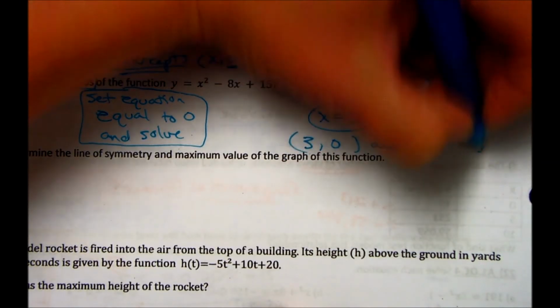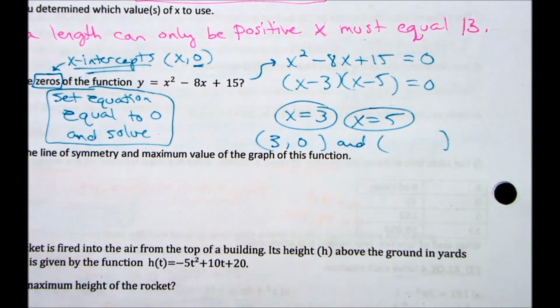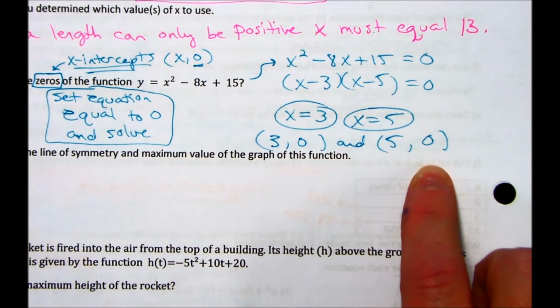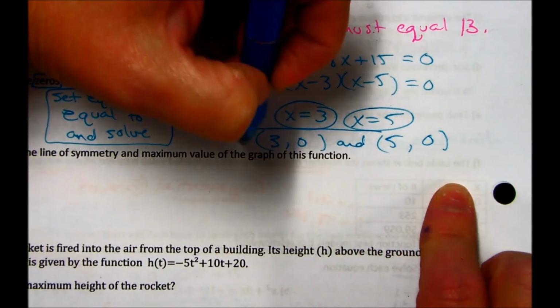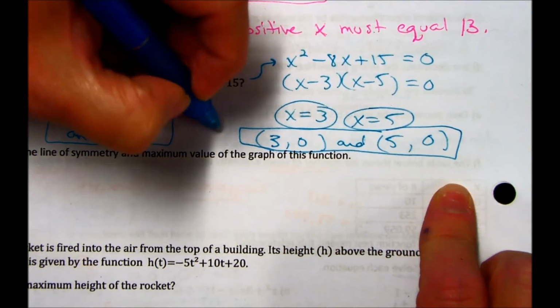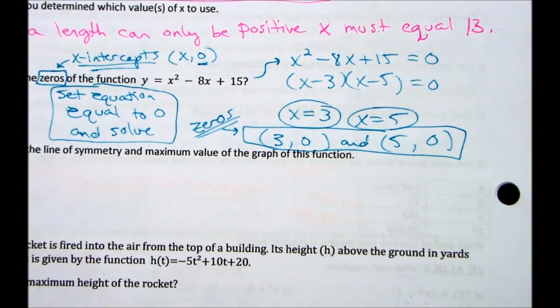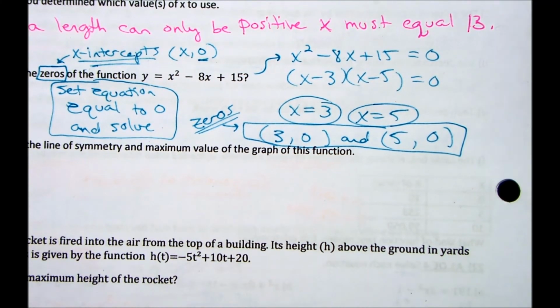And you're going to have a second x-intercept, or zero, with the x-coordinate of 5 and a y-coordinate of 0 again. So these are our zeros. If you were ever given a graph and you're asked what the zeros are, simply look at where the graph crosses the x-axis, and those will be your zeros.